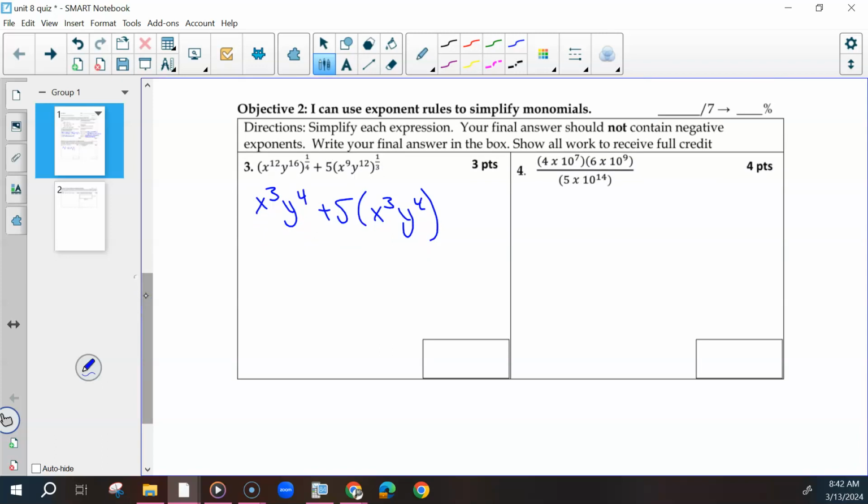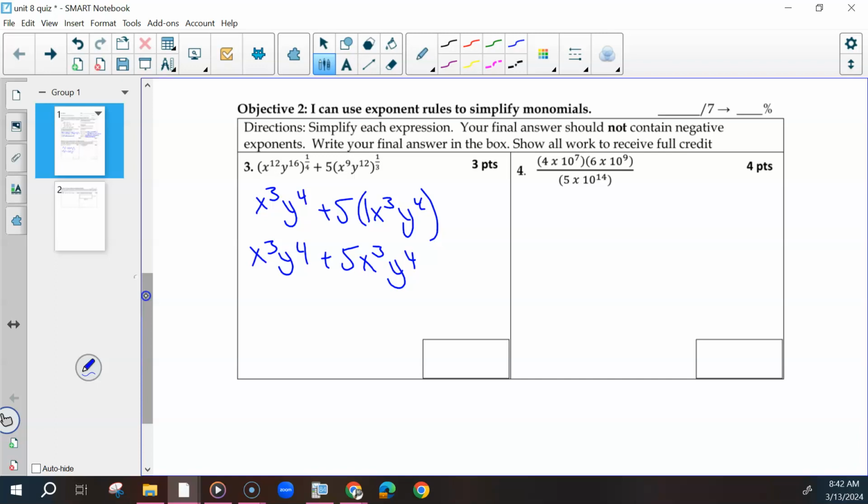And then a common mistake here was we distributed the 5, but distributing only works if there's a plus or a minus in between, so we can't distribute the 5, we can just multiply the 5 to this whole term, which means you're just multiplying it to the term out in front. So there shouldn't be 2 5s there.